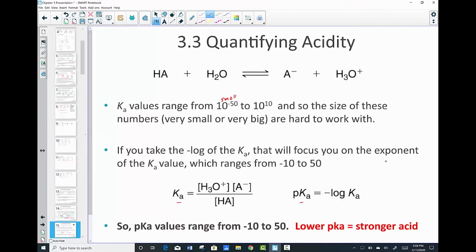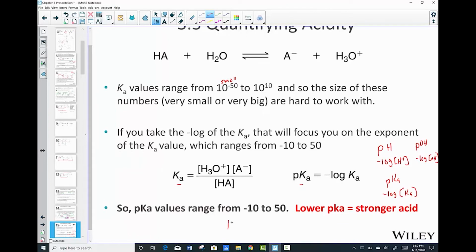And so if I have a pKa, I'm just taking the negative log of the Ka value, and it comes up with a more manageable number. So instead of having numbers like 10 to the negative 10 or 10 to the positive 50, those are big and quite small, you can just be looking at numbers from negative 10 to 50. That's much easier to manage. But keep in mind it's a logarithmic scale. So even a small movement of number is an incredibly large difference in value.